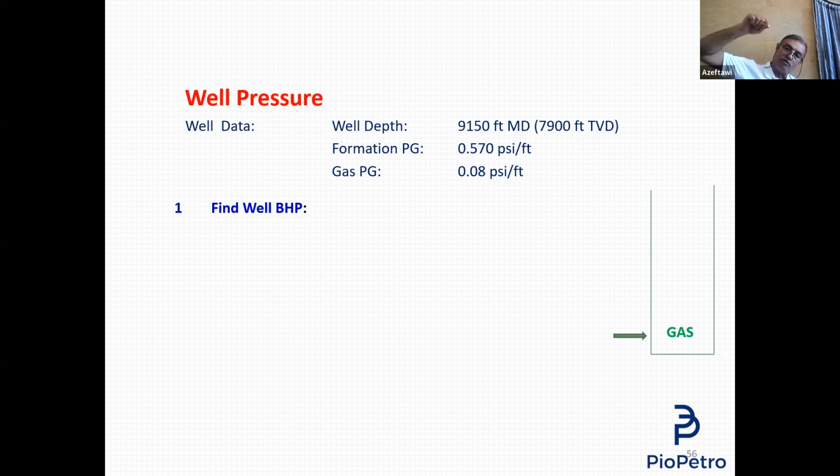When you reach the bottom of this well, the pressure gauge in your hand will read the hydrostatic head, which is the fluid above it, or the formation pressure that comes from the formation into the well, or the sum of both, or the difference of both.